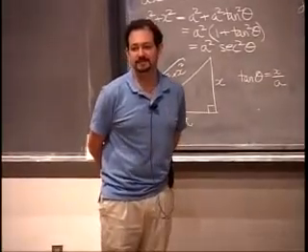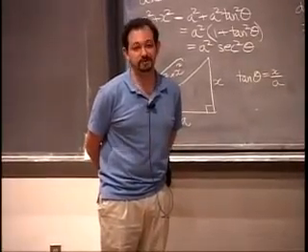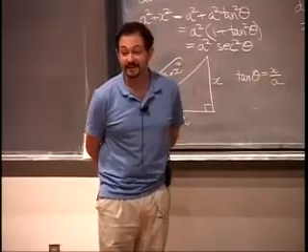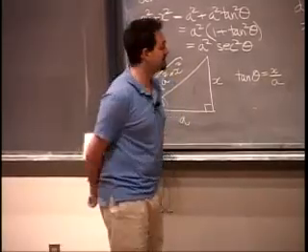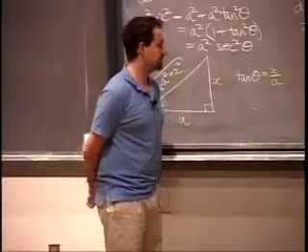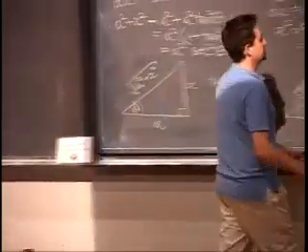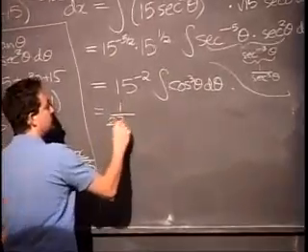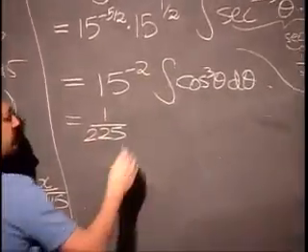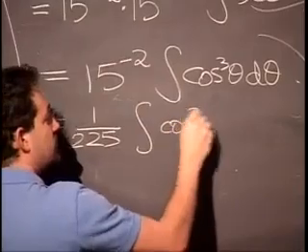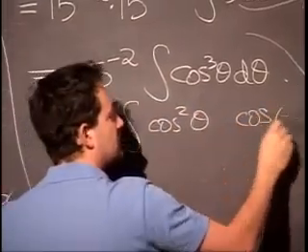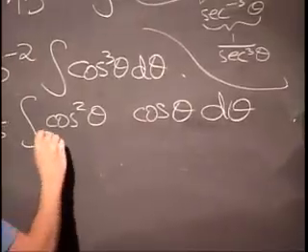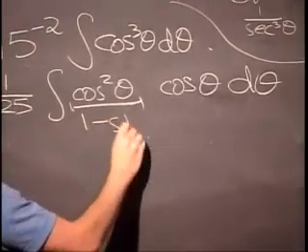Well, how do you do it? Yes, c is the odd power. In this case, it's cosine cubed. 3 is odd, so we pull out a cosine. 15 squared is 225, so I'm going to convert that into 1 over 225 integral cosine squared theta cosine theta d theta. Replace this by 1 minus sine squared theta.